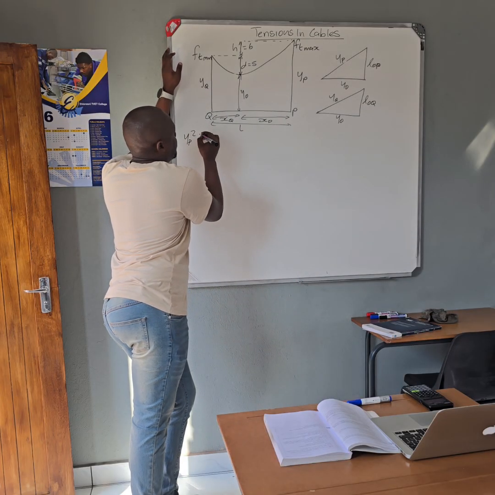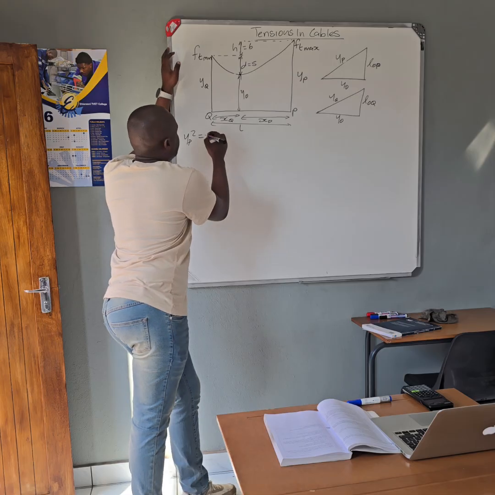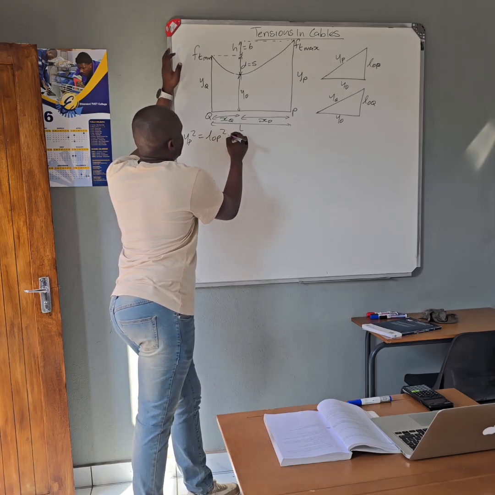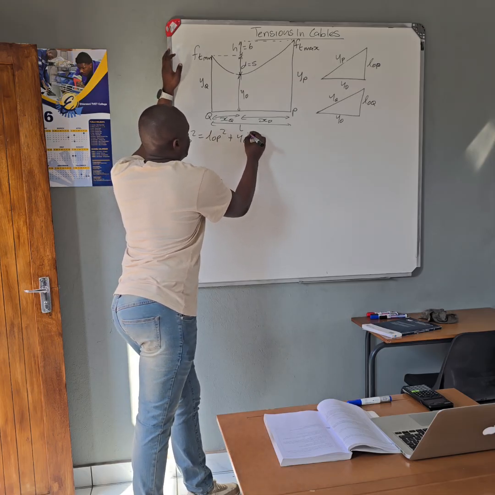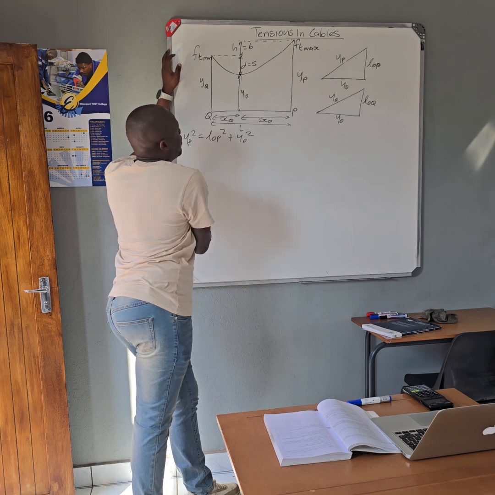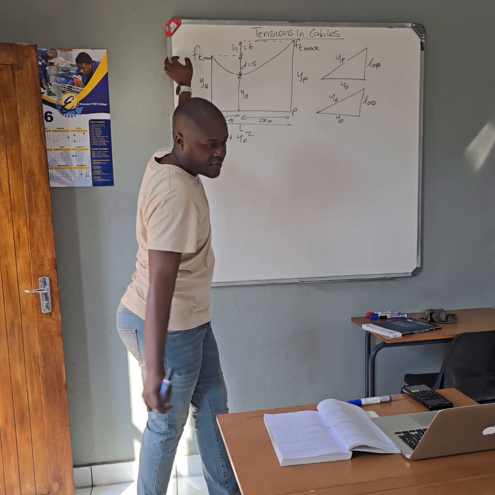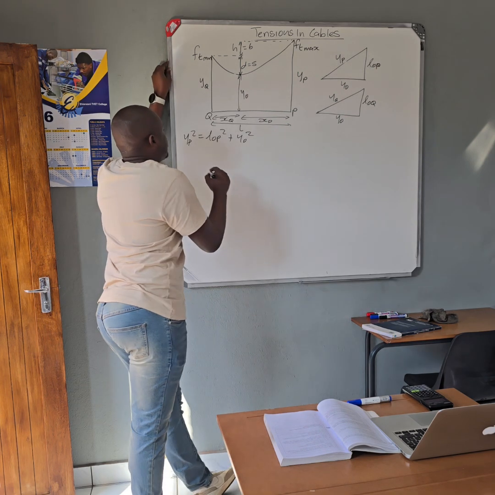YP squared is going to be equal to LOP squared plus YO squared.